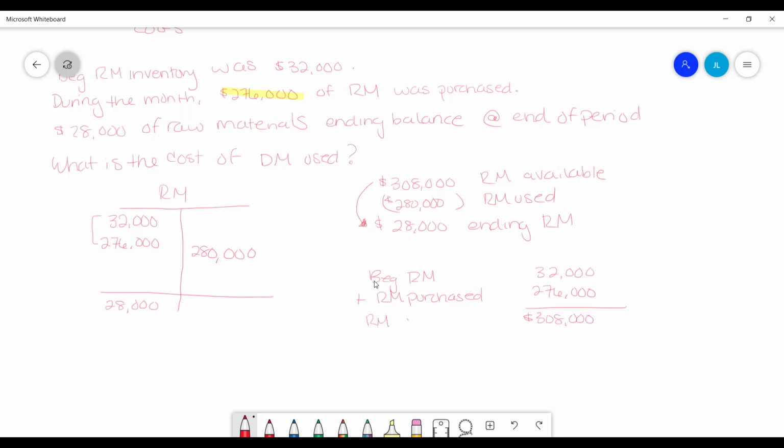That was the raw materials available for use. And then remember, the next step is to subtract out ending raw materials of 28 in this situation. And that leaves us with the 280,000 of raw materials used. Okay, so this is the way that we actually should be writing it out, but then visually and journal entry wise, that's what it would look like within the entry.